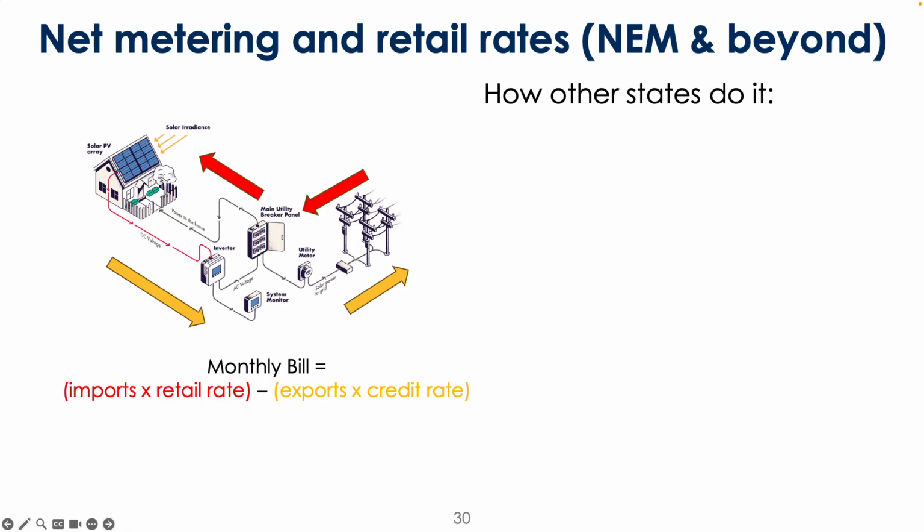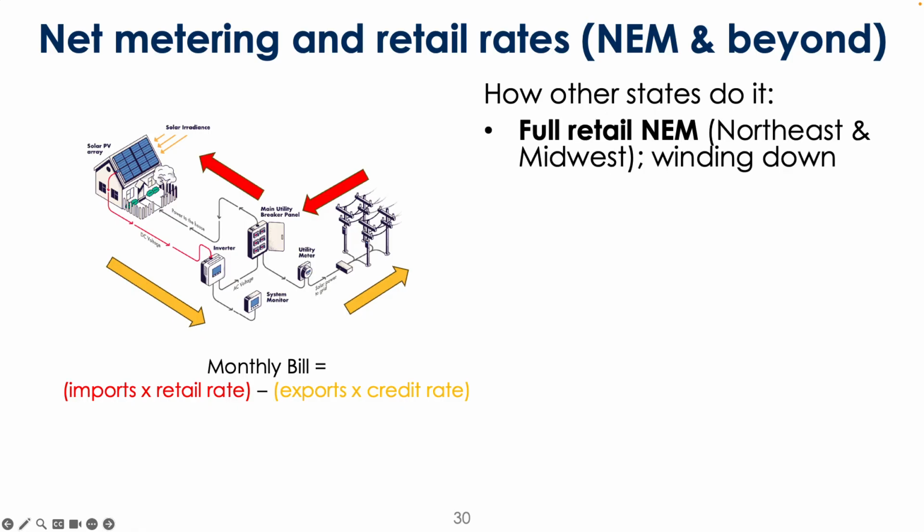So all of our discussion about NEM 1.0, 2.0, and 3.0 has been centered around California, which, to be fair, is at the forefront of DER solar adoption, but not all states do it in the same way.